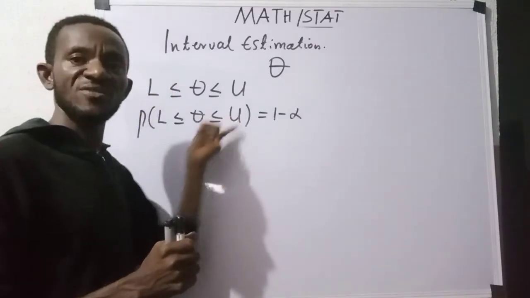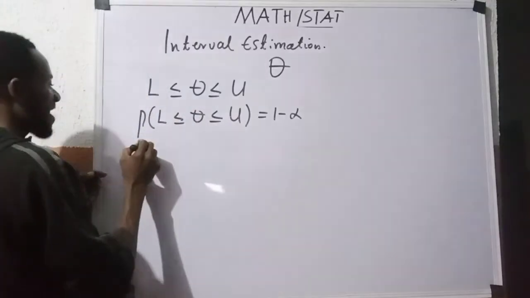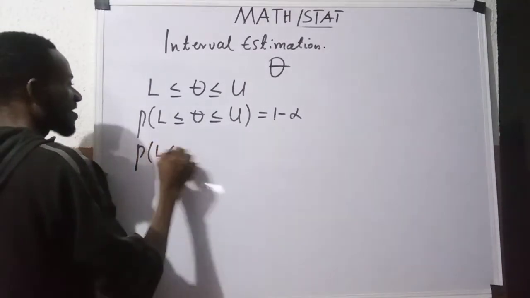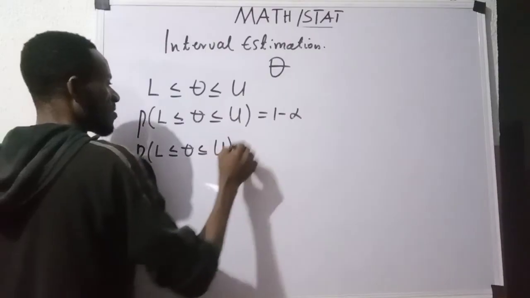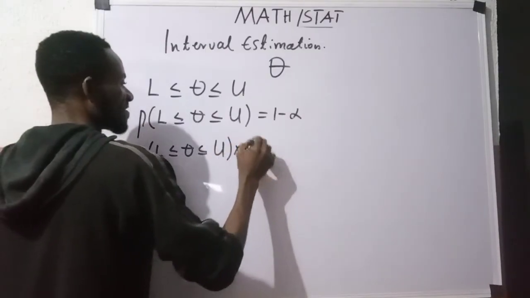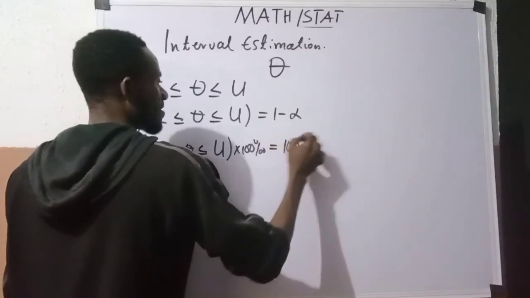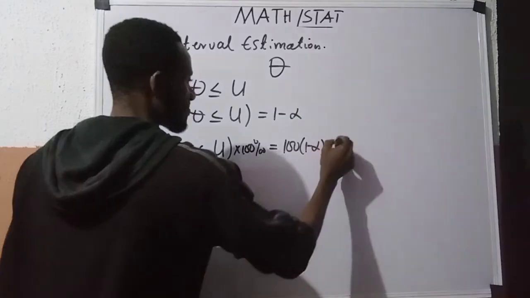This expression is the same thing as this which I want to write. I can equally write this as P of L less than or equal to theta less than or equal to U, multiplied by 100%, equals 100 into 1 minus alpha, in percent.